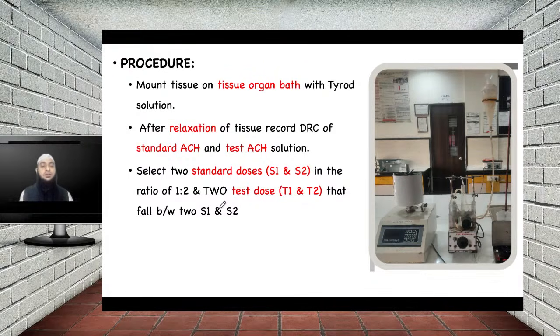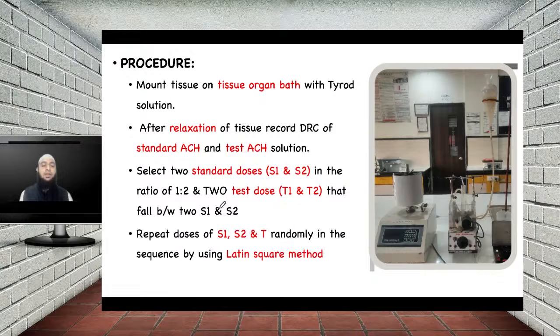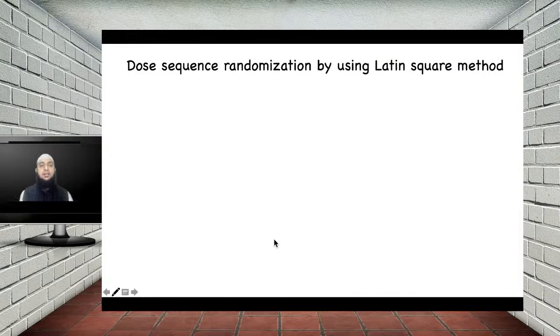Okay, so this is about the selection of the drug, and then you are going to repeat the doses of the two standard and two test randomly in the sequence using the Latin square method. So let's see how we use the Latin square method in this case. Since it is a 4-point bioassay, you can see there are a total of 4 doses, 2 of the standard and 2 of the test. The second important thing is that you are repeating these sequences with 4 sets.